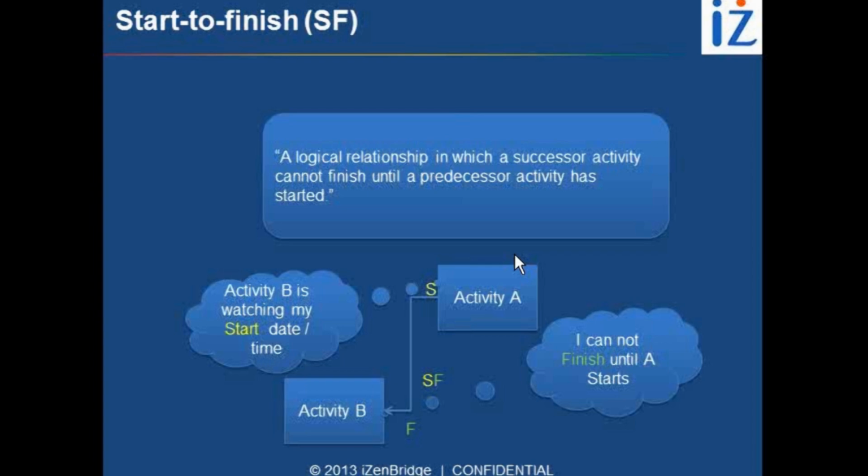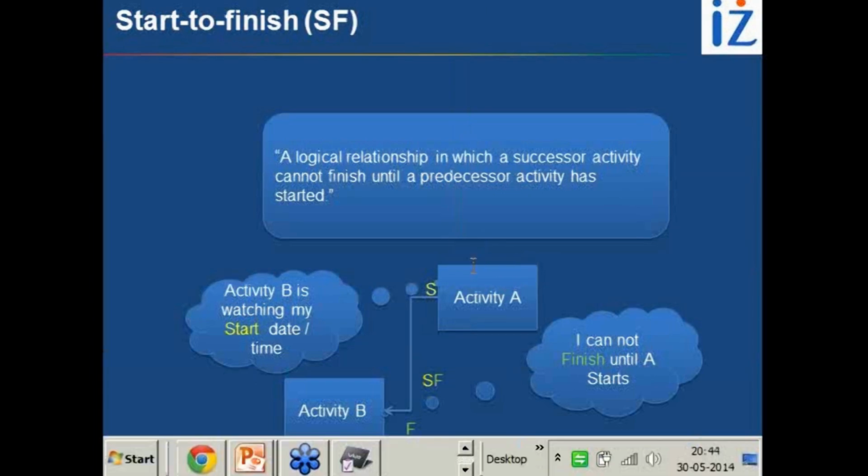The security guard example, which is given in the PMBOK again, talks about a guard A who is performing his or her duty, and guard A cannot finish the work till the time the next guard comes to take charge. Now, it does not mean that whenever the next guard comes, this guy will finish their activities, but he cannot finish till the next guard is available.